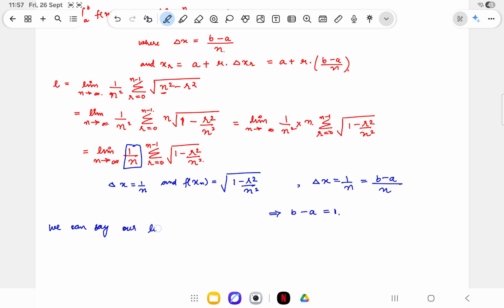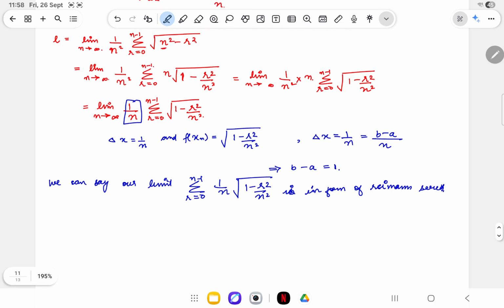So our limit L, that is summation r equals 0 to n minus 1, 1 by n under root 1 minus r square by n square, is in the form of a Riemann series, such that R_n is basically equal to summation r equals 0 to n minus 1, 1 by n, under root 1 minus r square by n square.